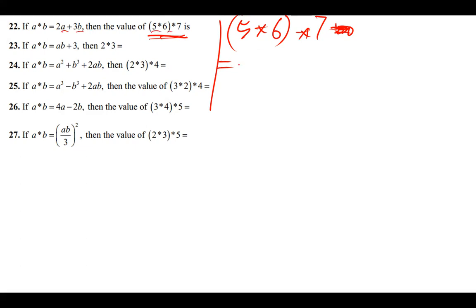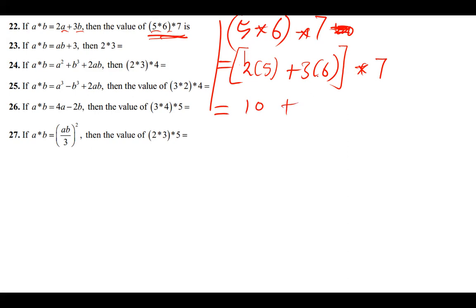So we're going to have 2 times 5, then plus 3 times 6, then star 7 this side. 2 times 5, the answer is 10, plus 3 times 6, 18. Then 10 plus 18, the answer is 28, star 7.